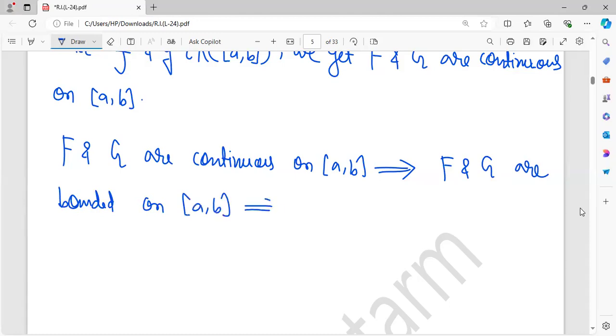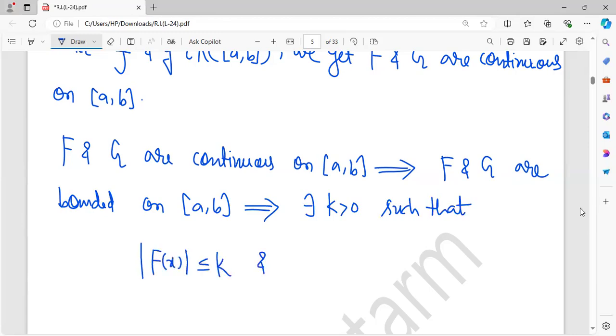This implies there exists k greater than 0 such that capital Fx is less than or equal to k and capital Gx is less than or equal to k for all x belonging to AB.